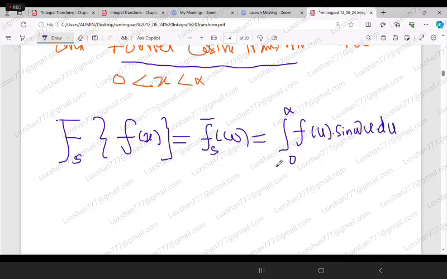This is called the Fourier sine transform, used when the range of x is 0 to infinity.